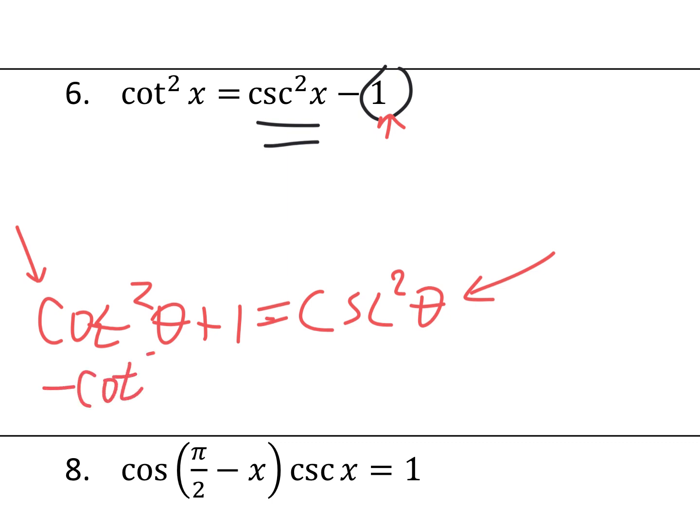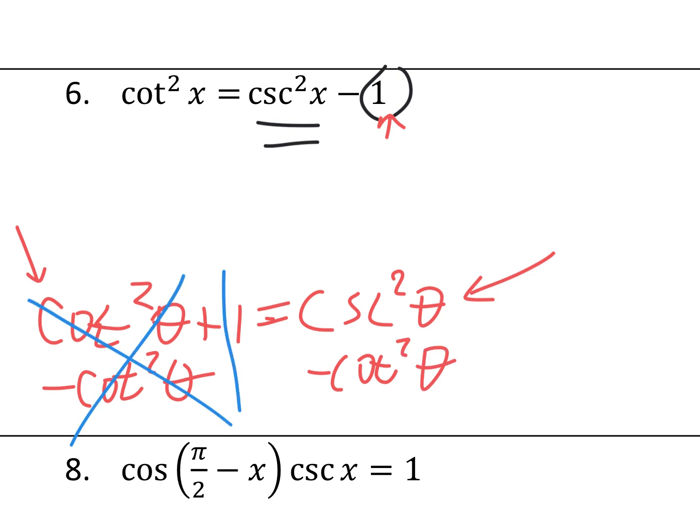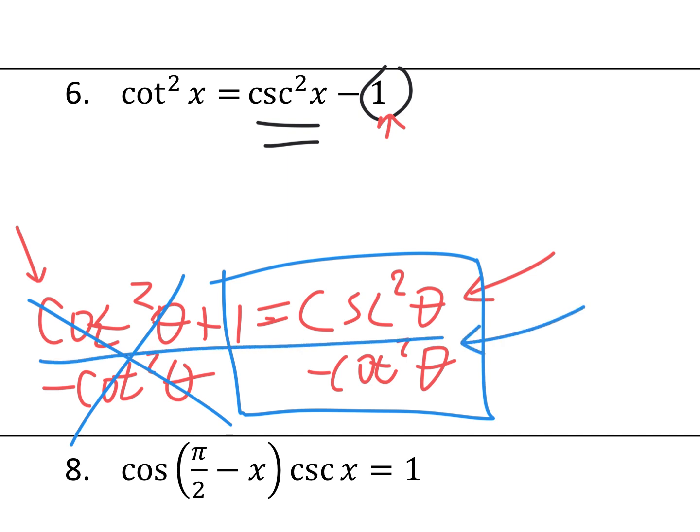Correct. And that means that 1 is cosecant squared minus cotangent squared. That's a fact, just as much as the original fact. It's a derivative of it. This is a fact because it came from the other fact. So I can replace that 1 with cosecant squared minus cotangent squared.